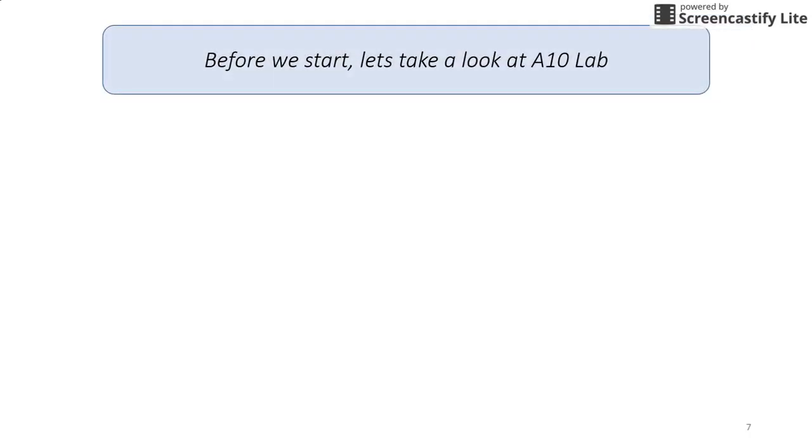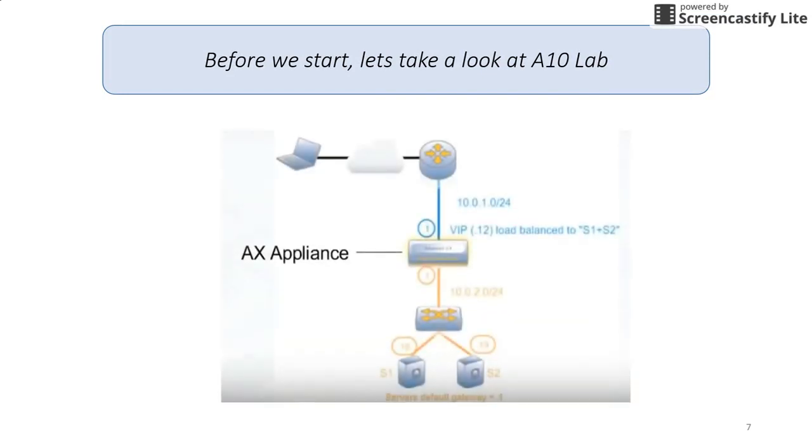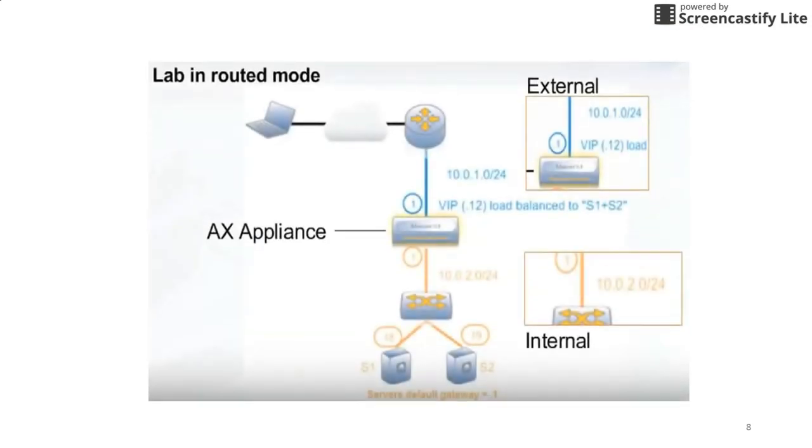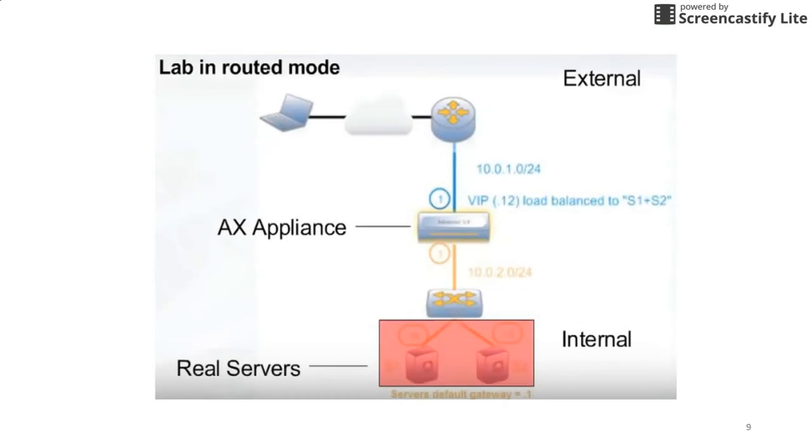Before we start, let's take a look at the A10 lab. This illustration shows the A10 with two subnets, an external subnet and an internal subnet. The A10 sits between these two subnets, routing the traffic back and forth between them.